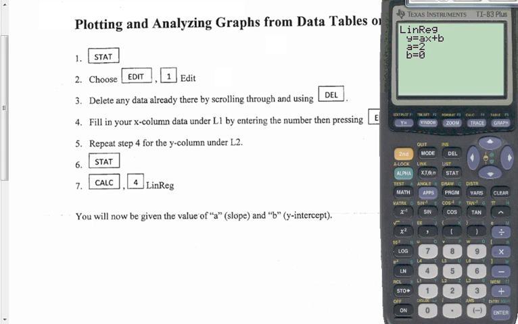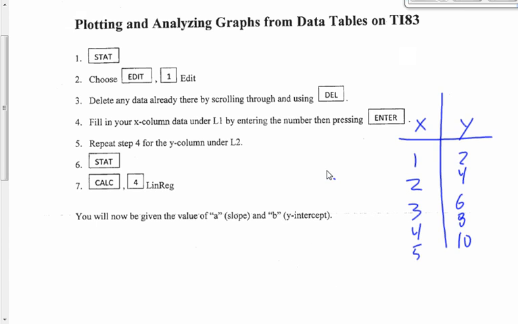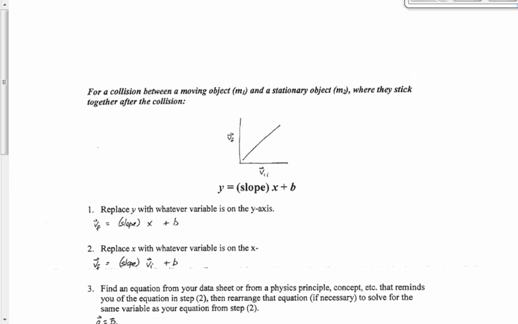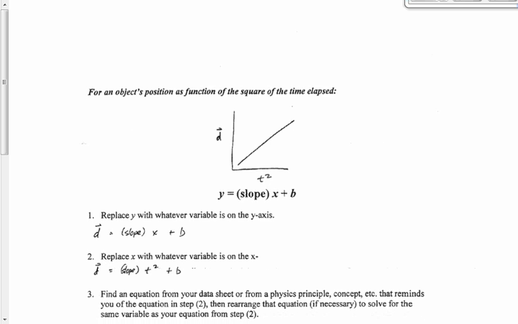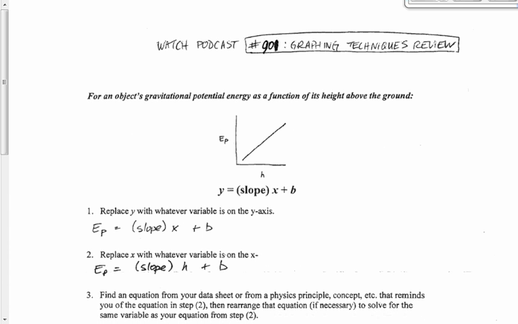But before we do that, what I want to do is refresh your memory as to how we actually do the analysis of a graph, the whole y equals mx plus b thing. We've got a number of examples here, okay? What I want to do is take a look at one example, and I think that's the first example.